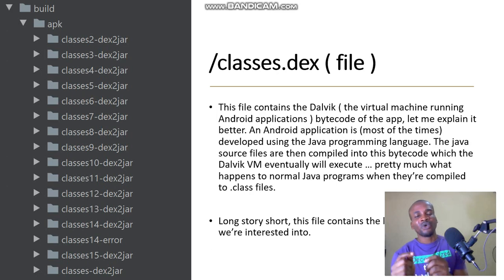So we are going to convert the .dex file to a .jar file so that we can read it in a human format. In this .dex file, this is where we are going to see all the source code, how the application works. This is the juicy part of the application after the manifest file and also the resource file.